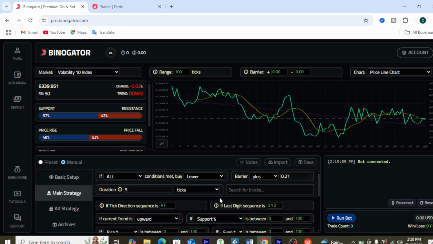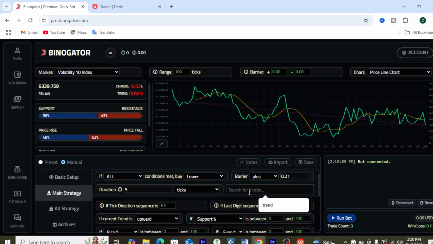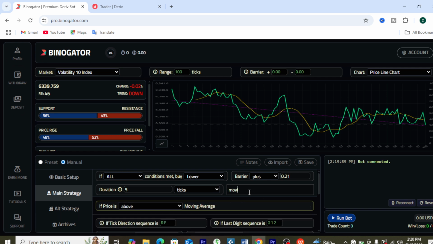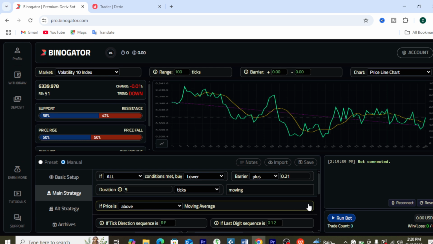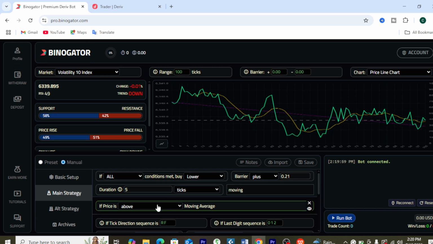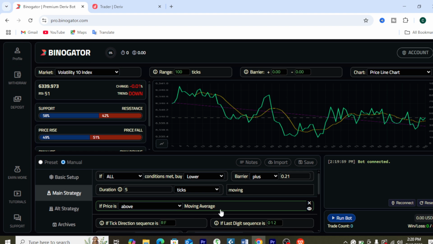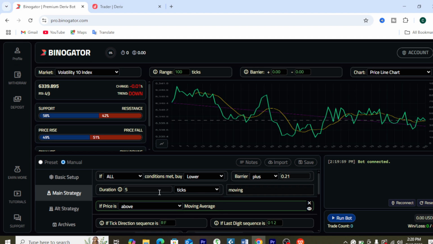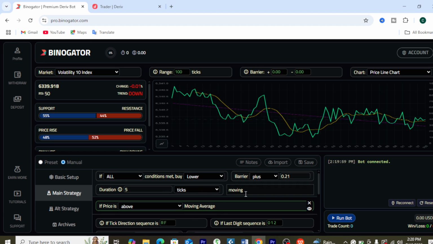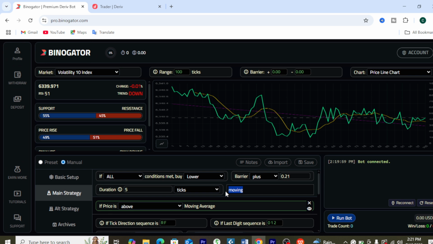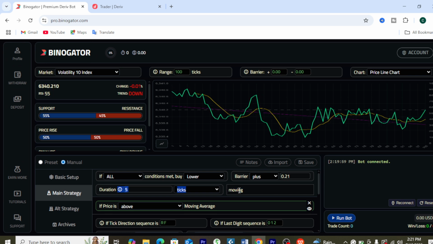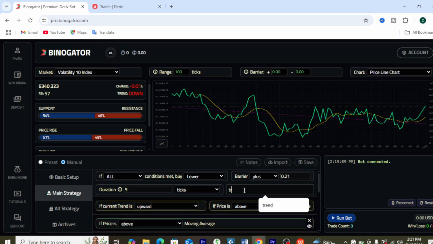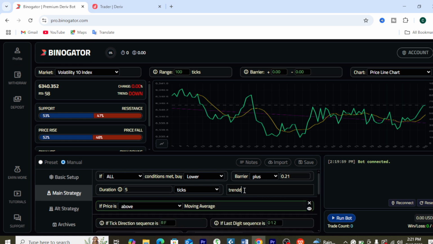Then I'm going to search for moving average. I'm telling the bot to buy when the price is above the moving average. Okay, so that's one condition. Then I'm going to set the second condition as trend.